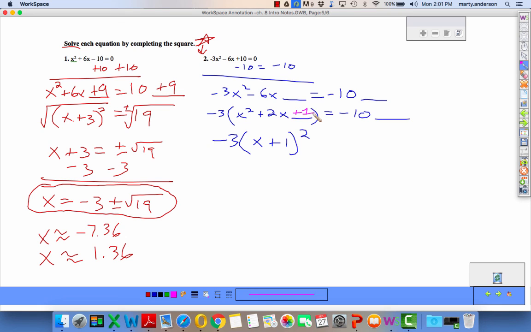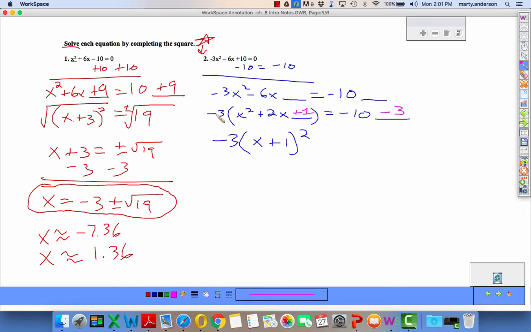But what did I really add or subtract to the left side of this entire equation? We must remember that this negative 3 was factored out. If I was to put this negative 3 back in, I would distribute and get minus 3x squared minus 6x minus 3. Over here goes minus 3.